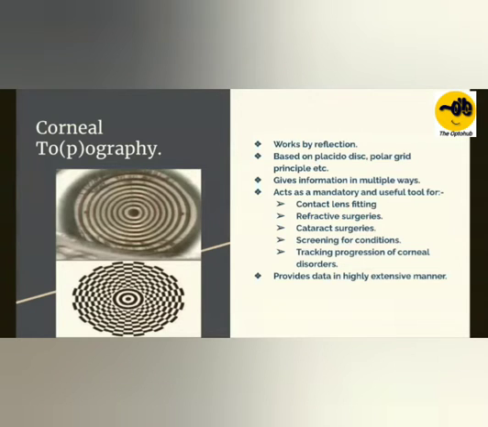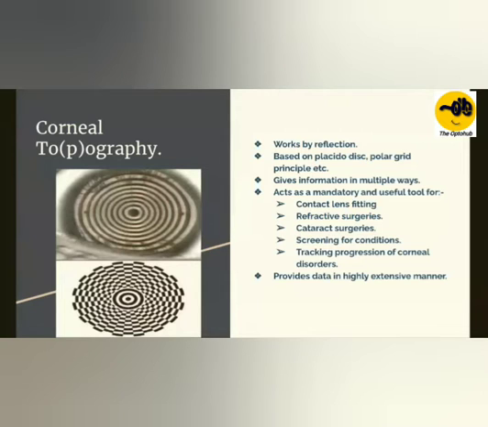And many a time you can find some subtle changes on the cornea which you might miss on the slit lamp. Or if a patient comes to you and the anterior and posterior poles appear normal, but yet the vision is not improving and the patient does not have a significant refractive error, in such cases you might perform topography and see that there is some disruption on the cornea, or some subtle or early ectasia of the cornea.